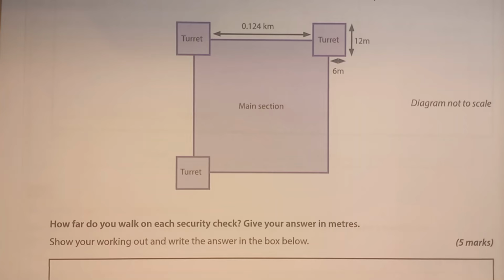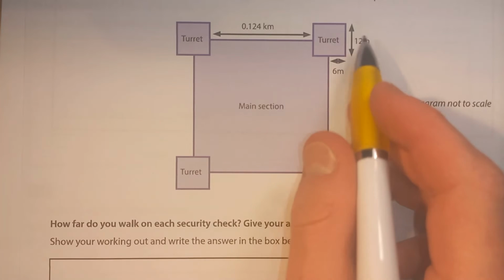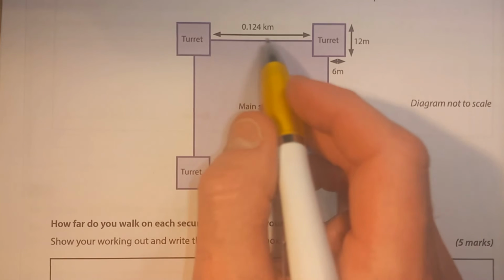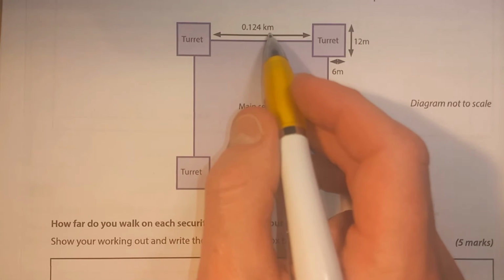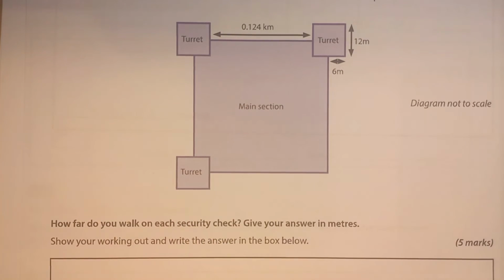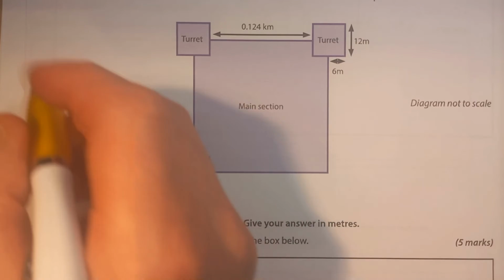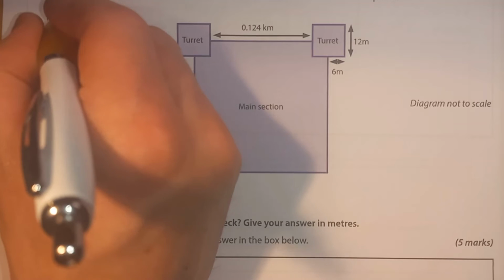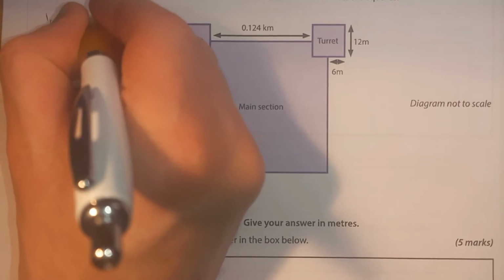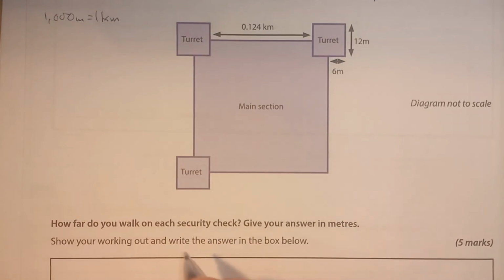They've said give your answer in meters. We've got meters on here, but note that one of the measurements they gave is in kilometers. So the first thing I'm going to do is convert this into meters. I know that 1,000 meters is 1 kilometer.